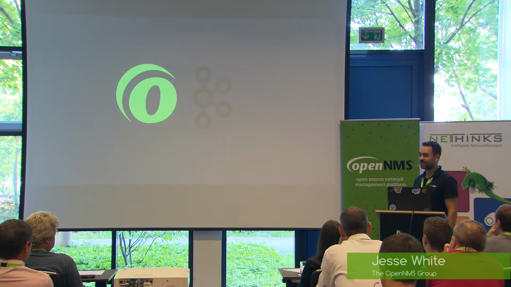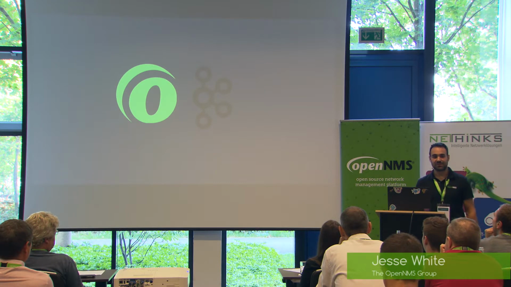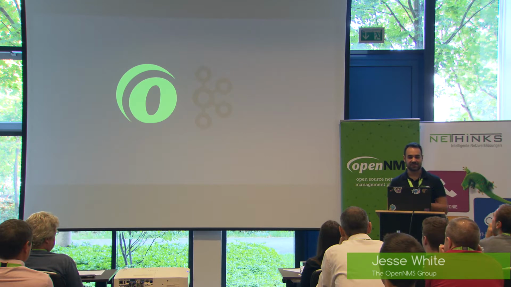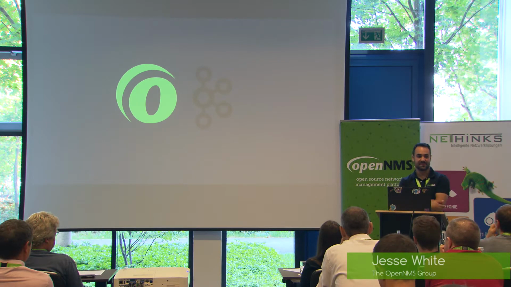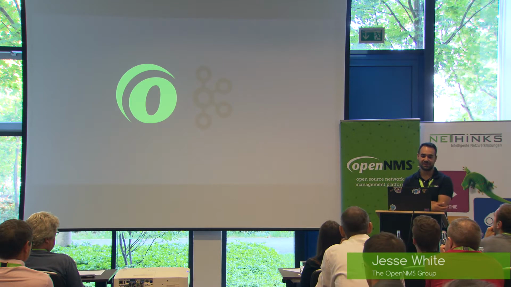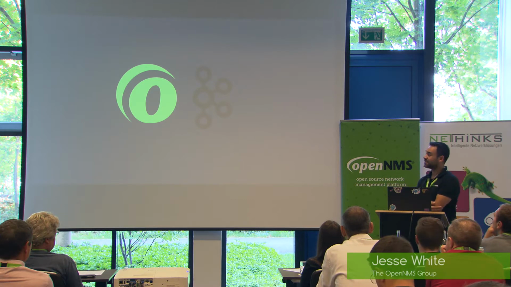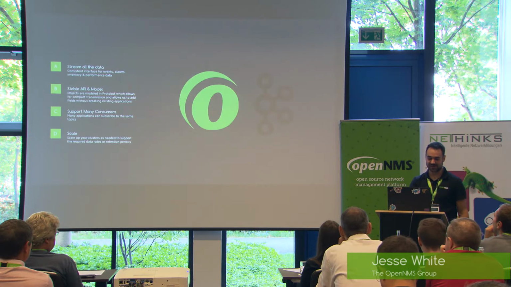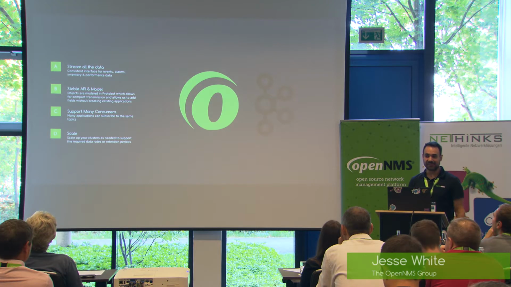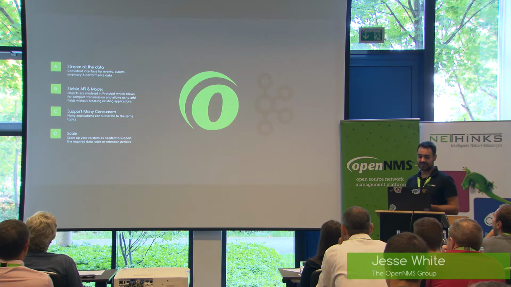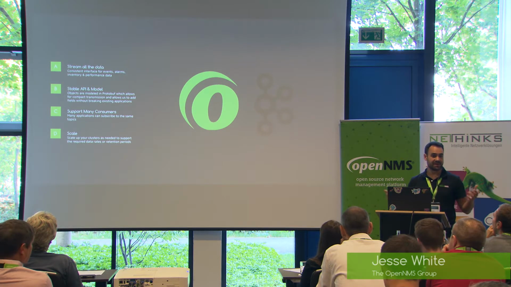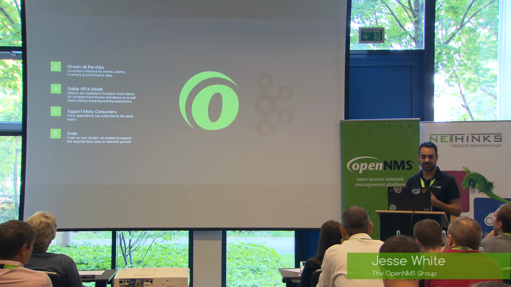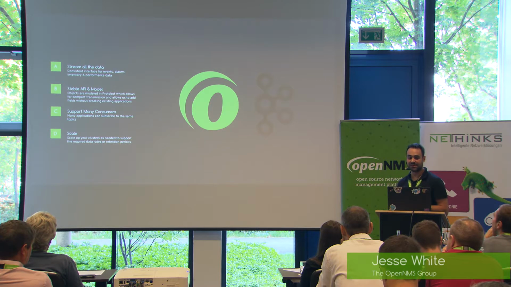So what we've been doing is working on getting OpenNMS to push more and more data out to Kafka. Kafka is a scalable broker that allows you to do stream processing and a bunch of really cool things. So we're working on making it possible to stream all the data from OpenNMS to Kafka, with a consistent model that you can leverage.